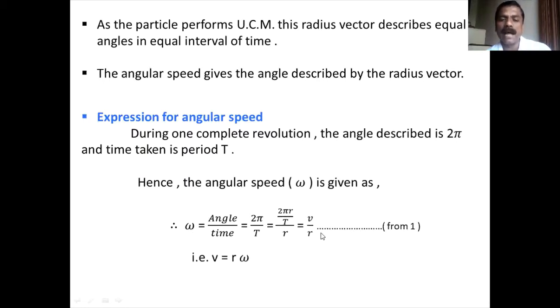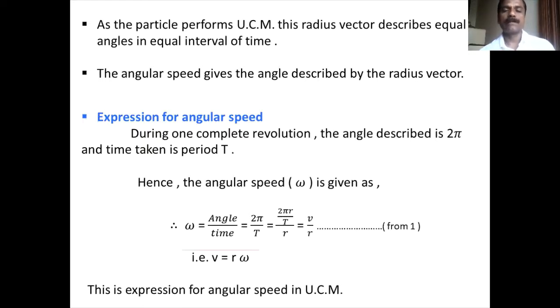This can be written as v equals r omega, or omega equals v divided by r, and this is the expression for angular speed in UCM. You should remember this equation: omega is equal to v divided by r, where v is the linear velocity, r is the radius, and omega is the angular speed.